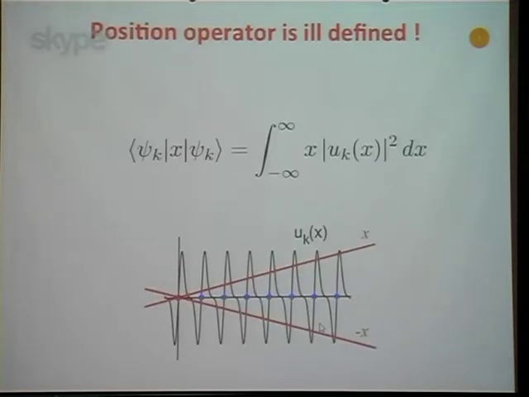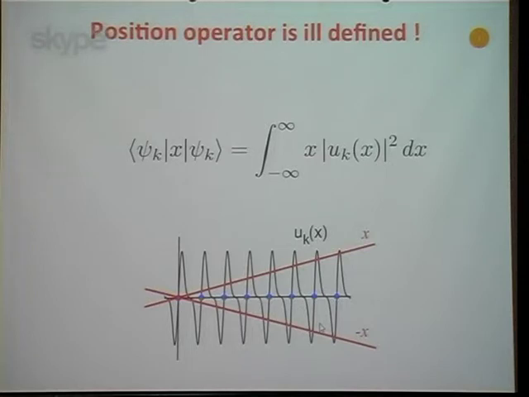So the only thing that remains in all of this is taking into account that calculating the position operator and its powers is actually an ill-defined operation. And you see it right away if you want to calculate the position operator on a periodic function.